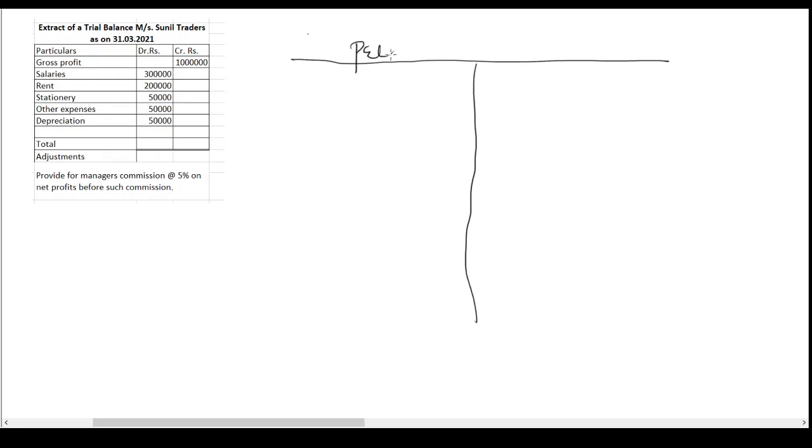The profit and loss account for the year ended 31st March 2021. Gross profit, it is shown on the credit side, so I'll write by gross profit 10 lakhs.